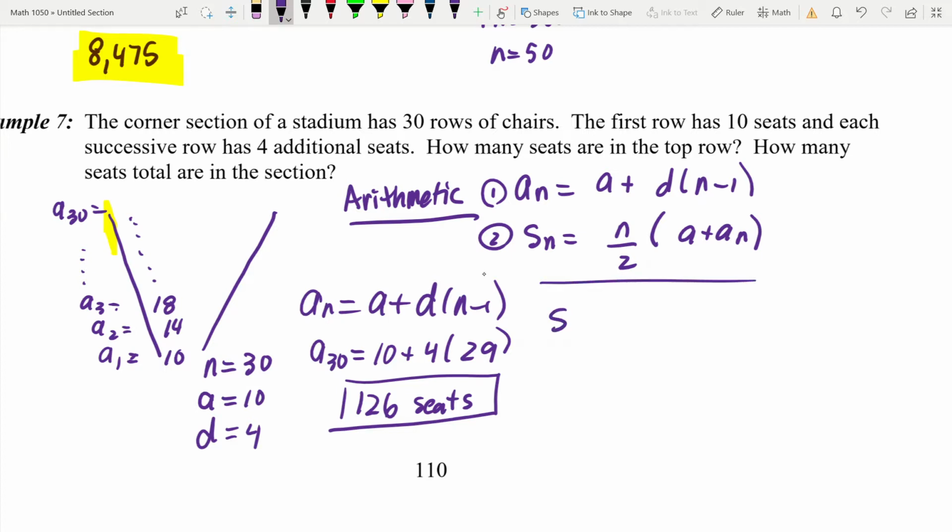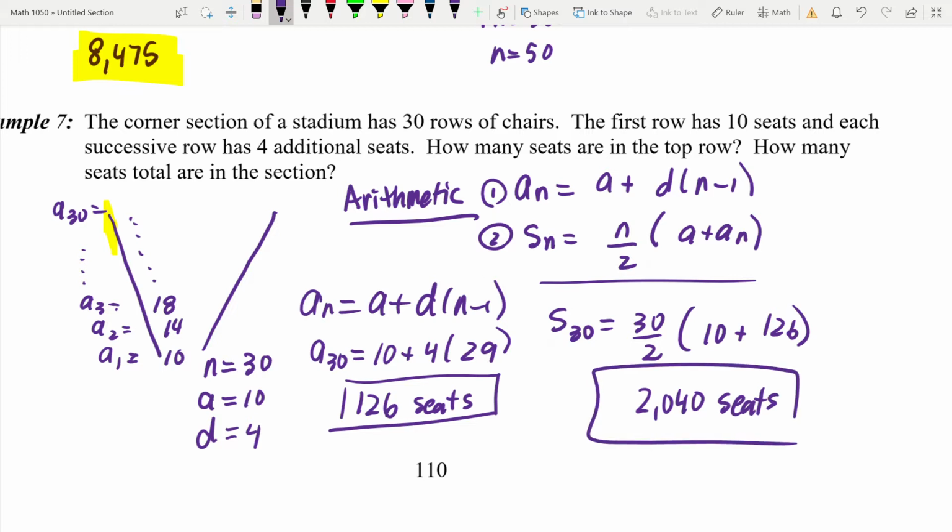The sum of the first 30 rows is 30 divided by 2, times the first row, 10, plus A sub n, which stands for the nth term, or in this problem the last row. What am I going to put in? 126. So this is 15 multiplied by 136. My answer is 2,040. My label is seats, and I'm done.